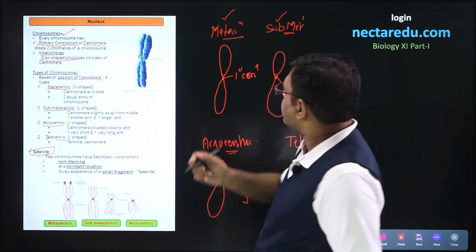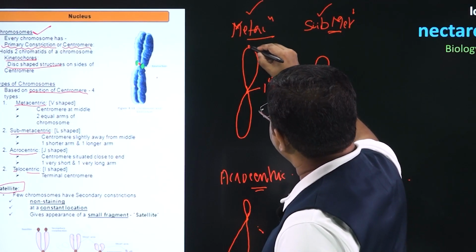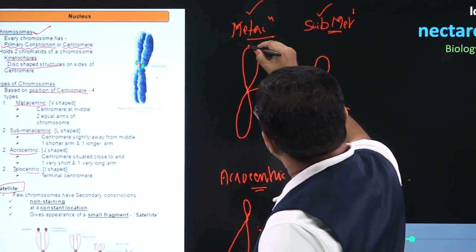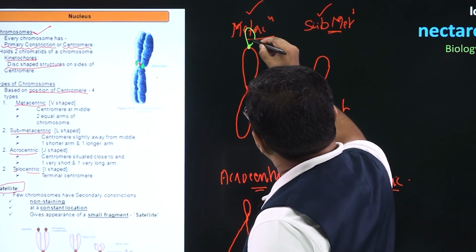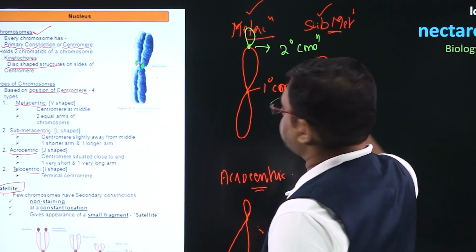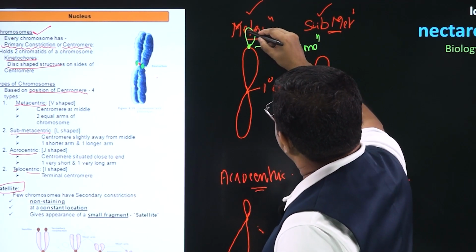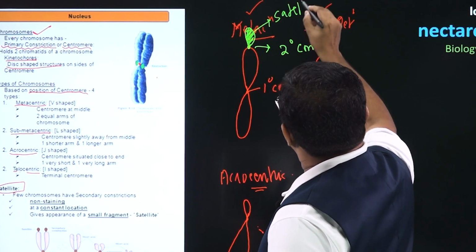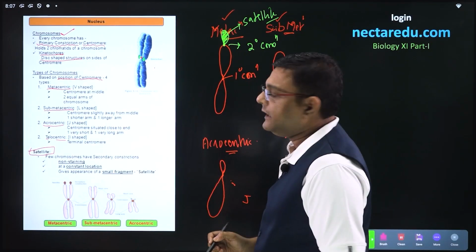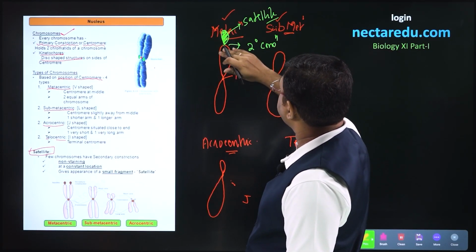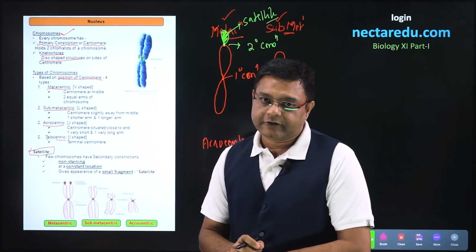If one more constriction is present, say for example, one constriction is present over here, let us form it in green color, and this part is present. This second constriction is called secondary constriction, and whatever part is left here is known by the name of satellite. So satellite will be the fragment which will be present after the secondary constriction.